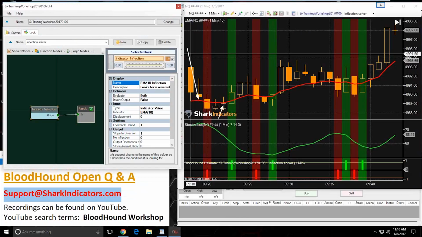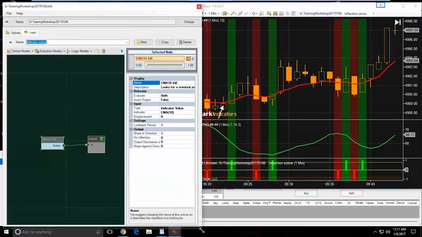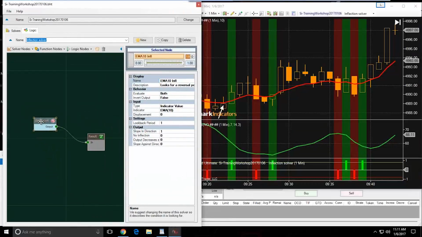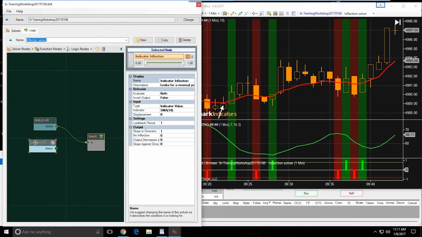So that's an EMA 10 inflection. I'll just do another simple one for the stochastics, and that's a stochastics 7 14.